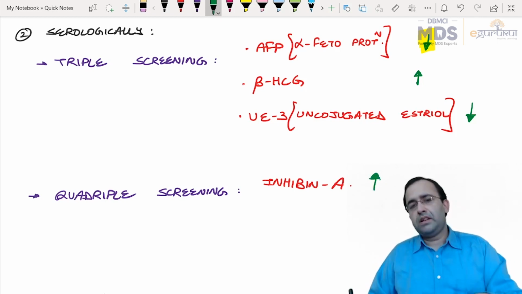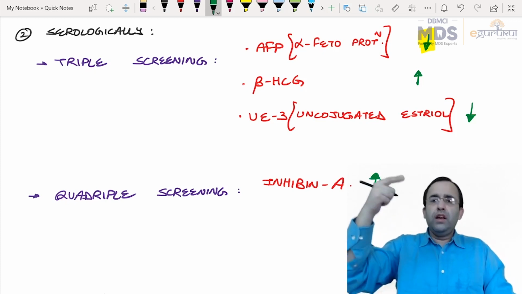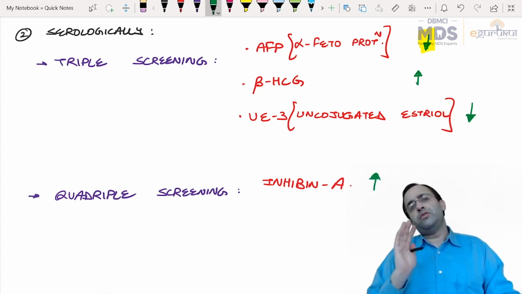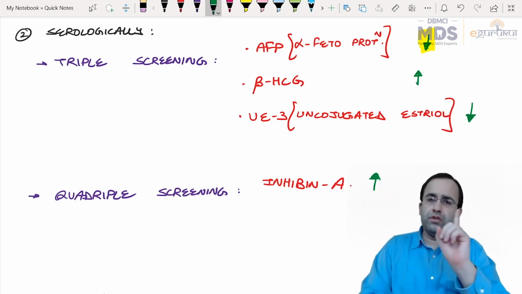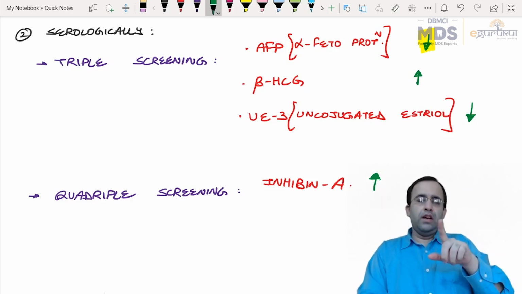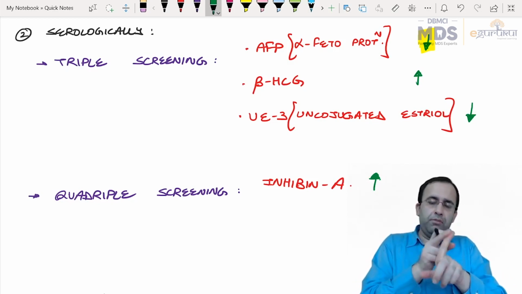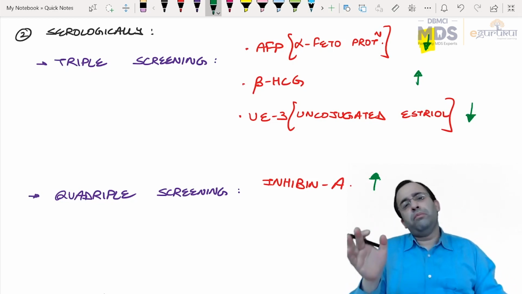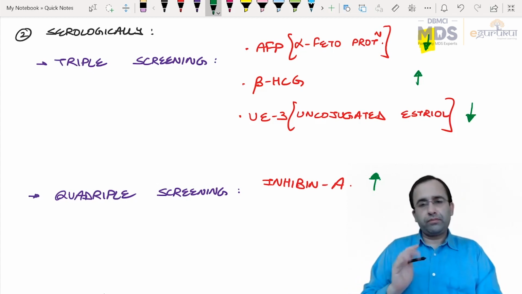So in quadruple screening, two increase, beta HCG and inhibin A, while AFP and unconjugated estriol reduce. This is Down syndrome, your main disease associated with abnormalities in chromosome number, that is trisomy 21, Down syndrome.